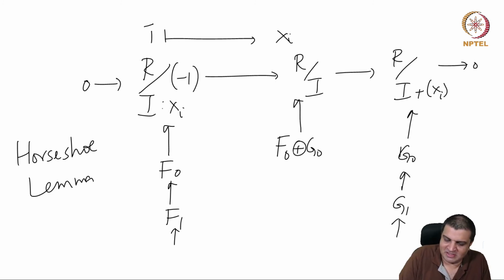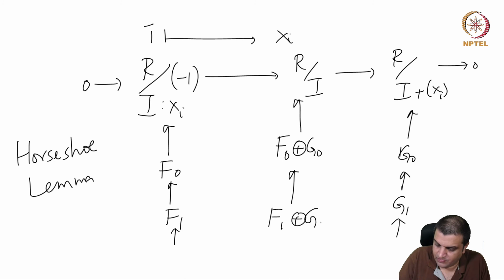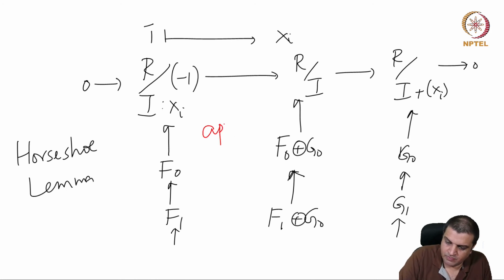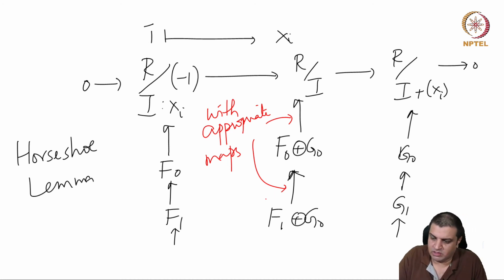The maps are not obvious. One can work it out, but they are not just direct sums. So it will be an exercise to figure out what the maps should be.